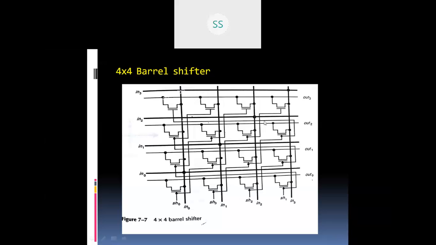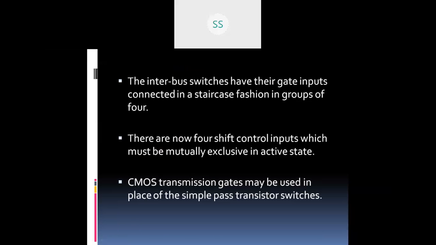This is connected to third row fourth. The last is again connected to the first. So here is some grouping of the gate signals. Therefore we need only four control lines: SH0, SH3, SH2 and SH1, against the previous one, which required totally 16 switches, switch 00 to switch 33. So this is the modified circuit, which is known as a 4 cross 4 barrel shifter.